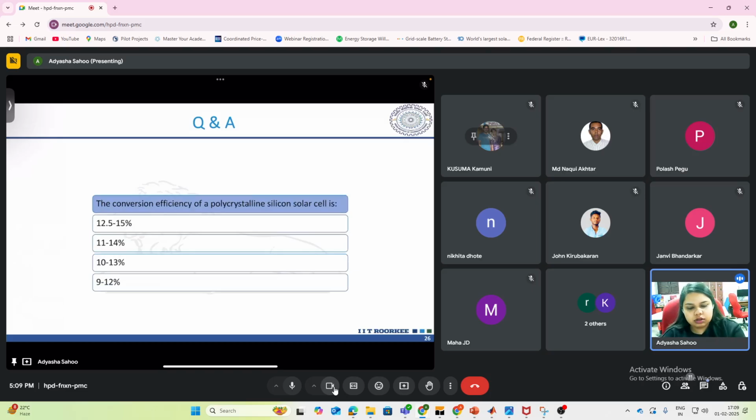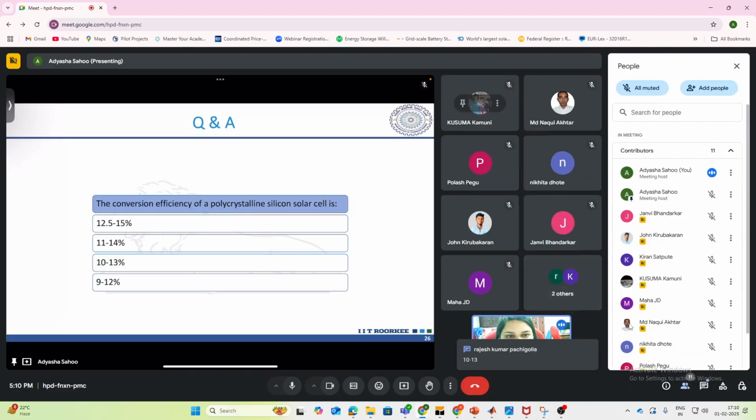So the next question is the conversion efficiency of a polycrystalline silicon solar cell is how much? 10 to 13.